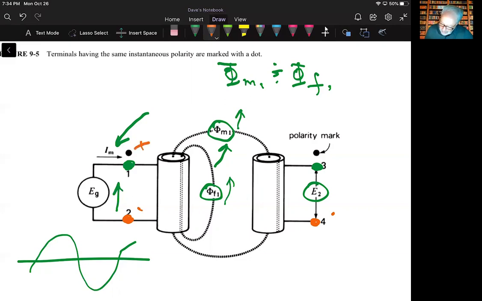But normally what you do is you select the first terminals. And all that says is that when terminal 1 is positive, then terminal 3 is positive.